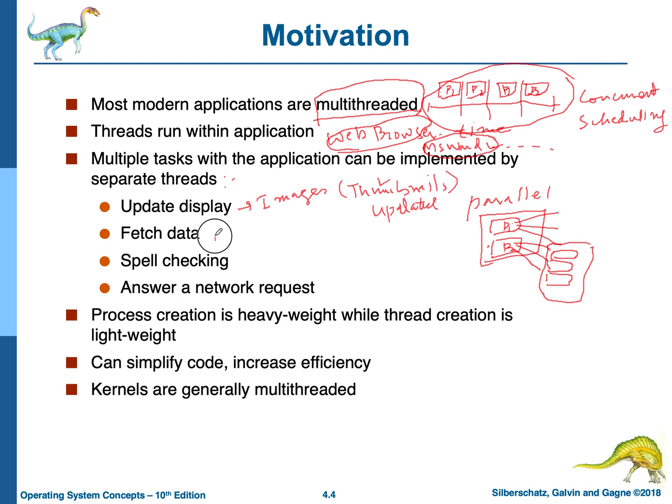Fetch data, for example: if you see the web browser, then a web browser is multi-threaded, because when you request a page, this page might have images, text, or maybe some other data which should be fetched, and each fetch of data is actually one thread, maybe T1, T2, T3.